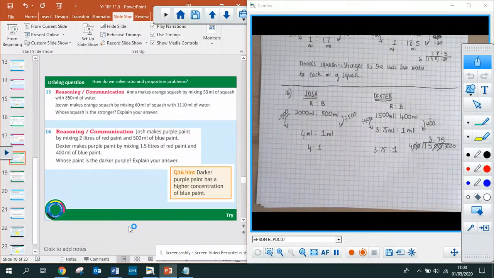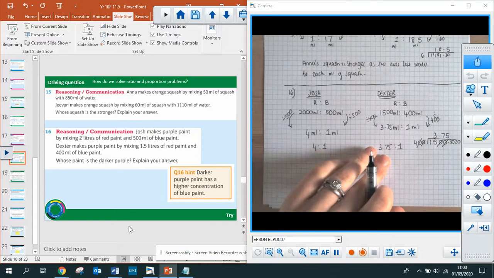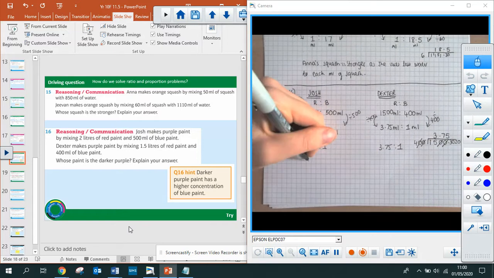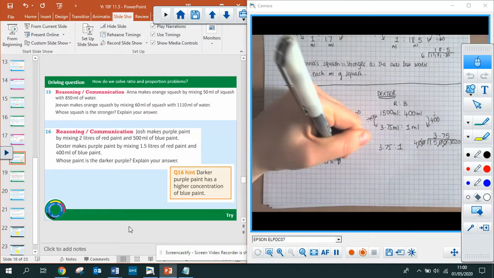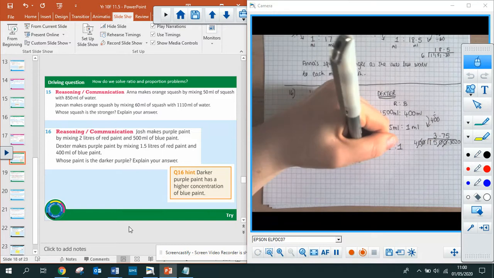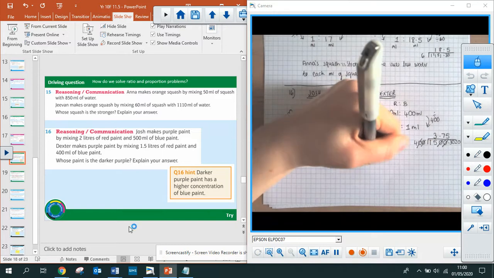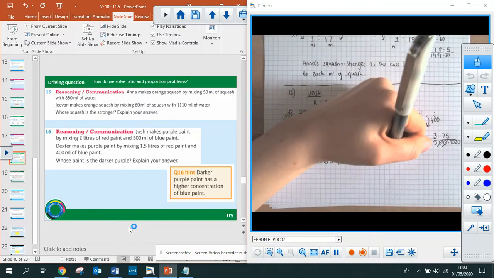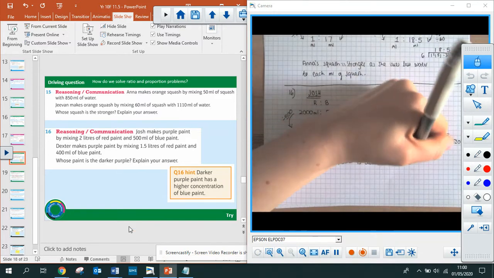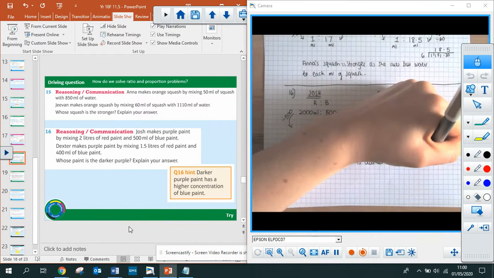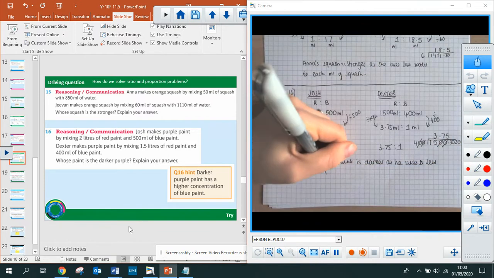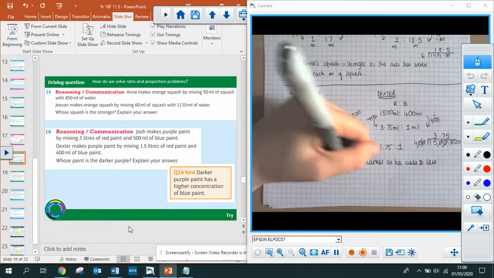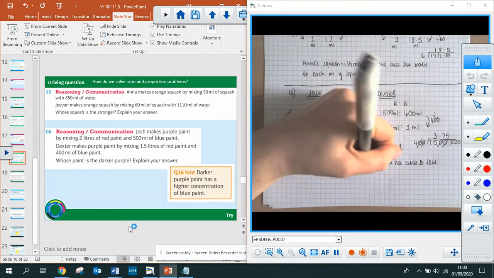So there's a higher concentration of blue paint, therefore Dexter's is higher because he uses less red. Okay, so Dexter's paint is darker as he uses less red paint in his mixture.